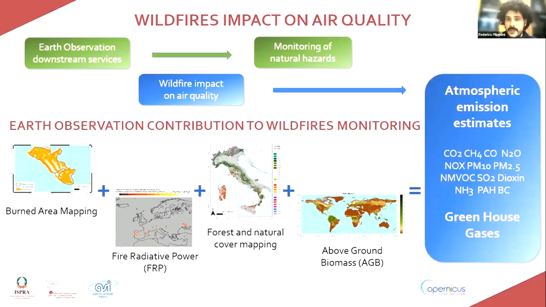Other information useful for the estimate of greenhouse gas emissions is the fire radiative power, which can be generated from the acquisition of thermal radiometry, like for instance from the Copernicus Sentinel-3 SLSTR sensor. Another piece of information needed to characterize the burned area is the above ground biomass, which allows, together with the other information, the use of coefficients and parameters for more accurate gas emission estimates like CO2, CH4, PM10, and so on.